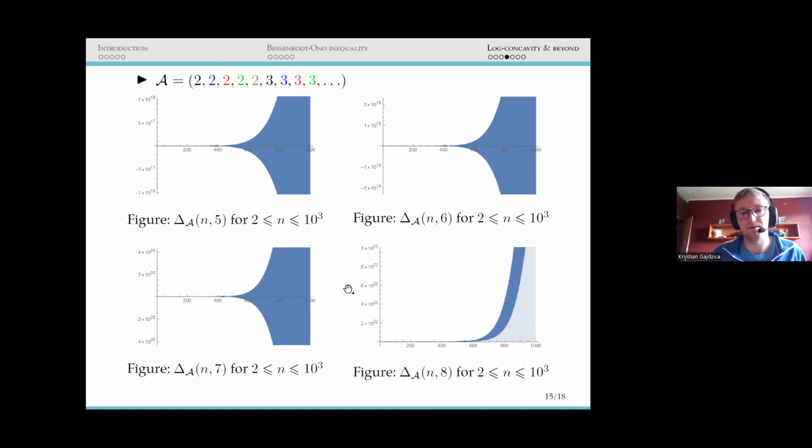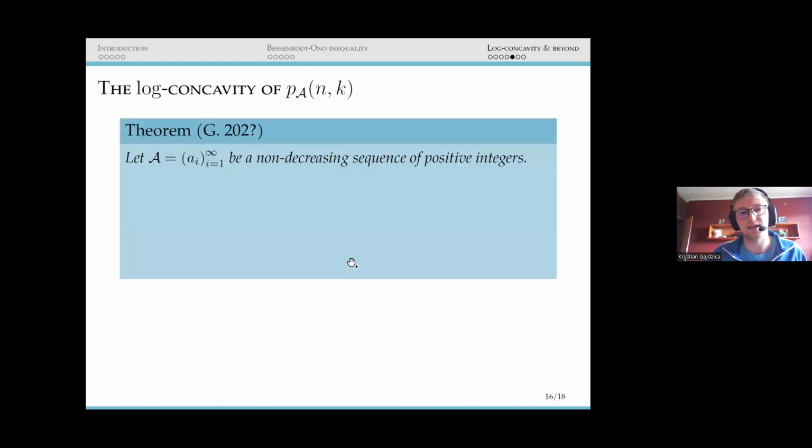So what about the theorem? The criterion which I was able to obtain says that, of course, if we have a weakly increasing sequence of positive integers, then we actually have two options. If k is either 2 or 3, then we need to assume that a1 equals a2 equals and so on up to ak equals 1.